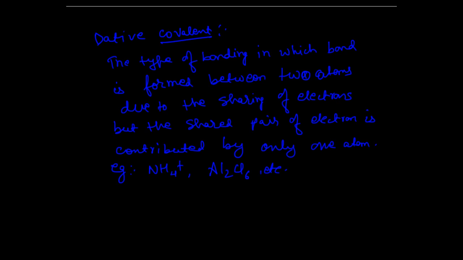Dative covalent bonding is also similar to covalent bonding, that is, it is also the sharing of electrons, but it is not mutual sharing. Now let's look into the dot and cross diagram of dative covalent compounds, that is NH4 plus and Al2Cl6.